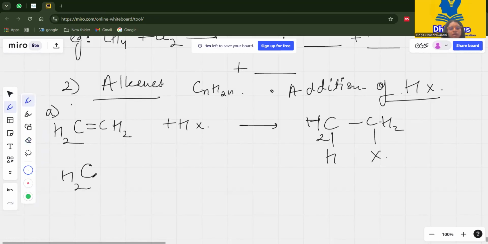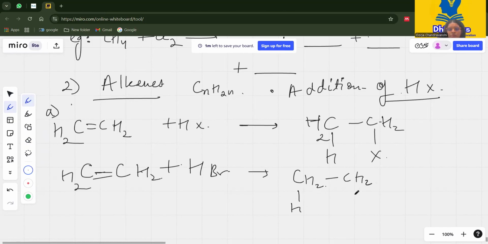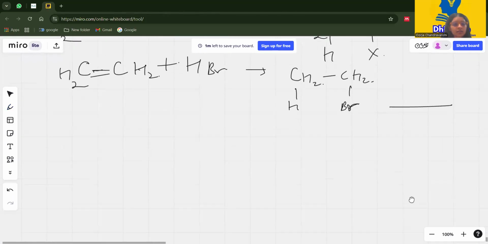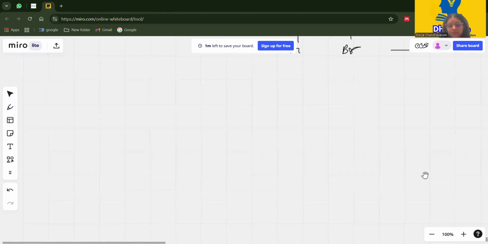Instead of X, I can take suppose HBr, and what will I get? CH2, H, CH2, and Br. Please try its IUPAC name, it's not very hard. And also try its common name, that would be good.